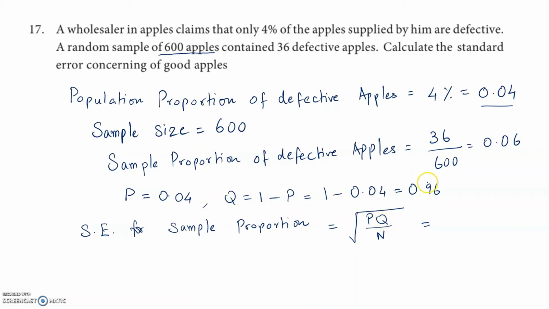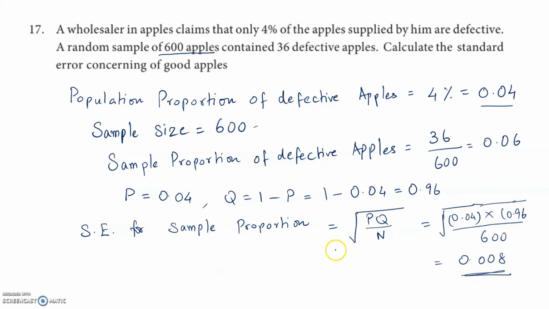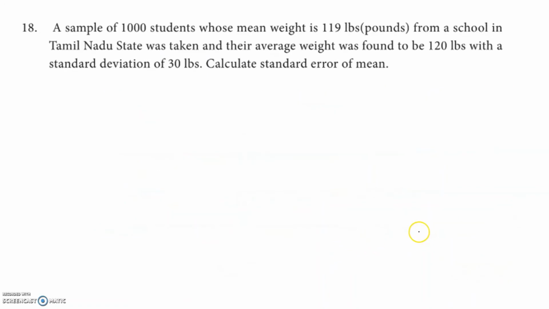So P in the population is 0.04, times 0.96, which is our Q. Our sample size is 600. Further simplifying, we will get it to be 0.008. So that's our answer. Let's move on to the next problem.